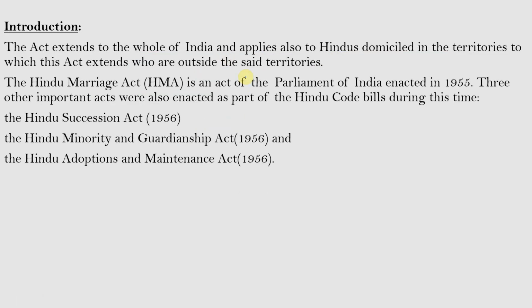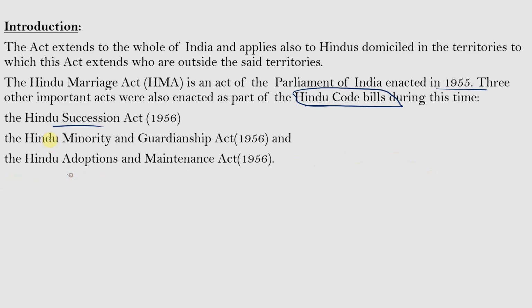The Hindu Marriage Act is an act of the Parliament of India enacted in 1955. Three other important acts were also enacted as part of the Hindu Code Bills during this time. So, not only the Hindu Marriage Act 1955 was enacted during this time, but also three other acts were enacted by the Parliament of India.